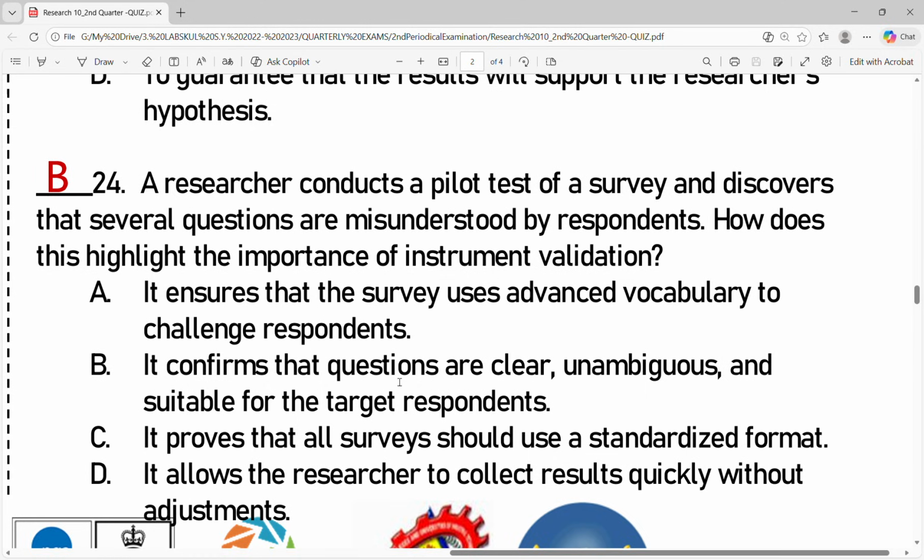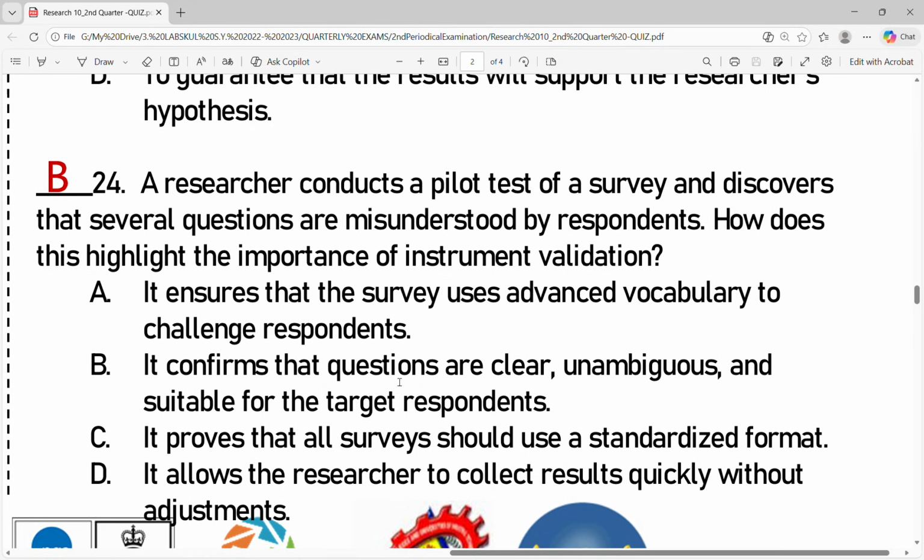If your respondents are, for example, high school students, as much as possible your statements or your questions must be in simplest form. You use simple words such that they could understand immediately and clearly each of the statements.